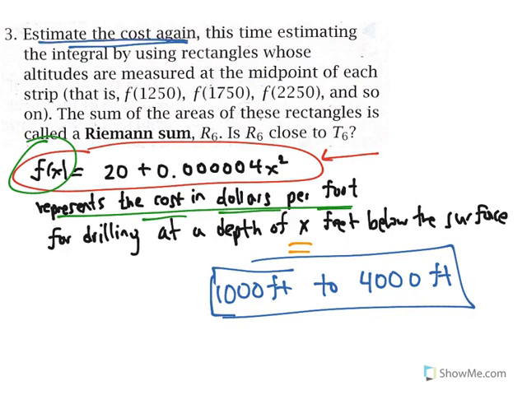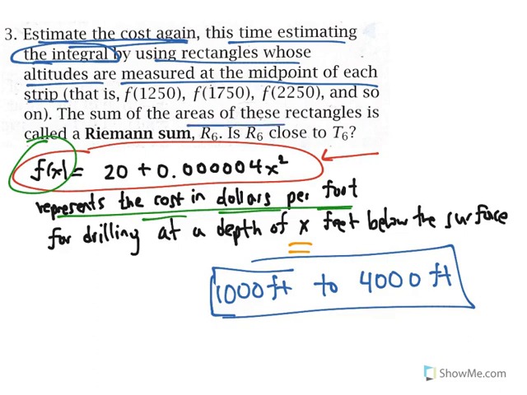Estimate the cost again, but this time estimating the integral using rectangles whose altitudes are measured at the midpoints of each strip, and so on. The sum of the areas of these rectangles is called a Riemann sum R sub 6. Is it close to T sub 6, the trapezoidal sum using 6 trapezoids?